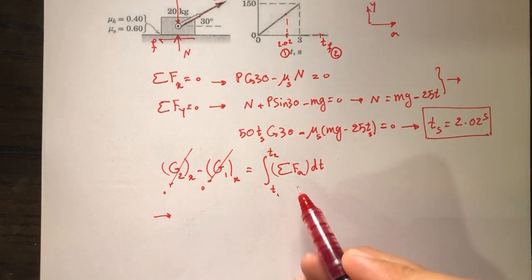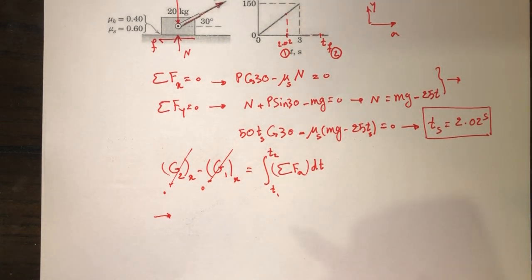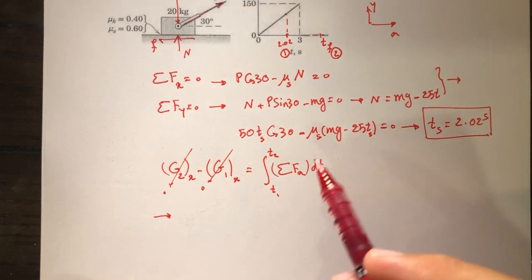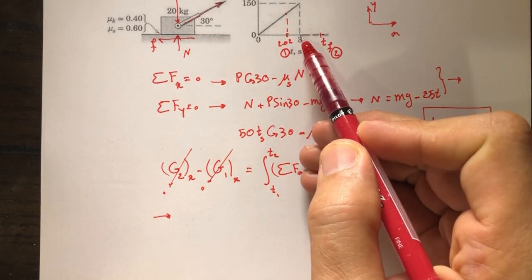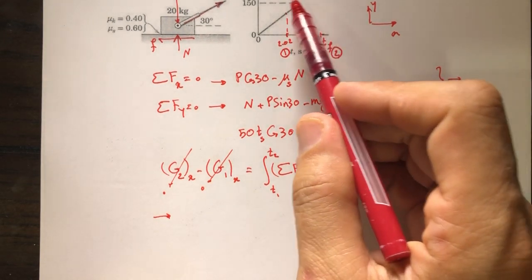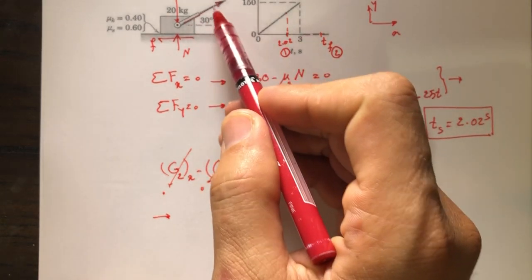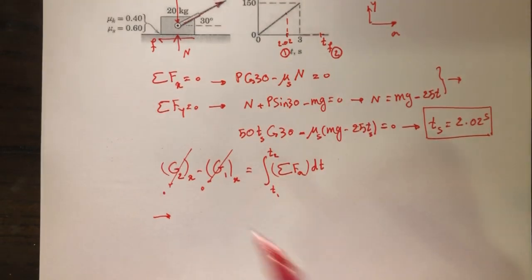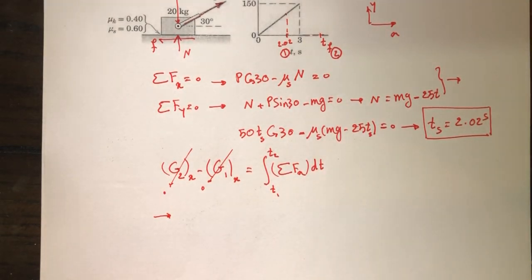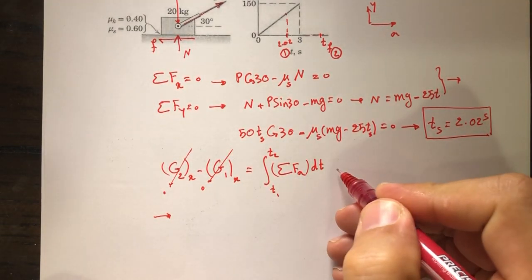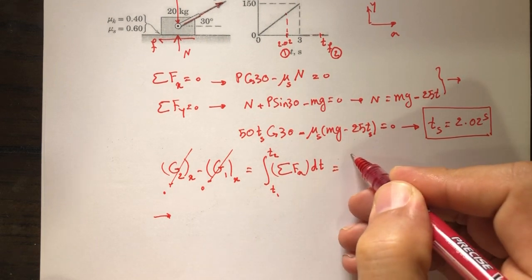Now this integral must be equal to 0, but the sum of the forces in the x direction from here to here is going to be a different thing because we have that force P, and after this point, we are not going to have this P, and we are going to have only the friction force, right? So I'm going to break down this equation into two parts.